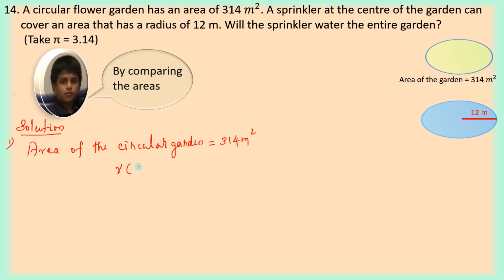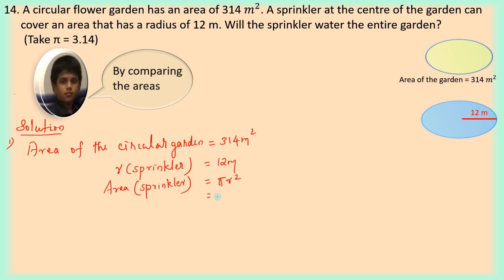For that, first let us write the radius. That is given as 12 meters. Next, let us find the area that can be covered by the sprinkler. That is equal to, what is the formula? It is pi r square.